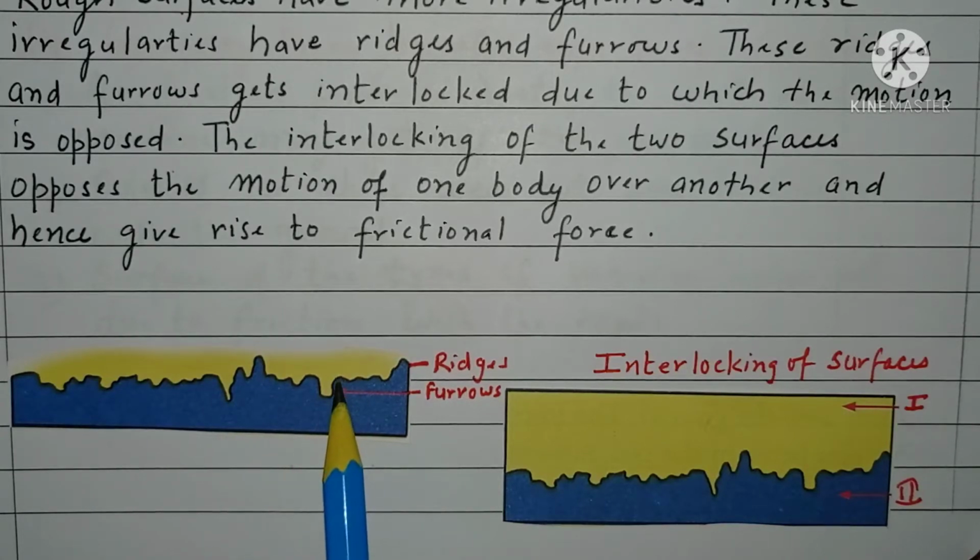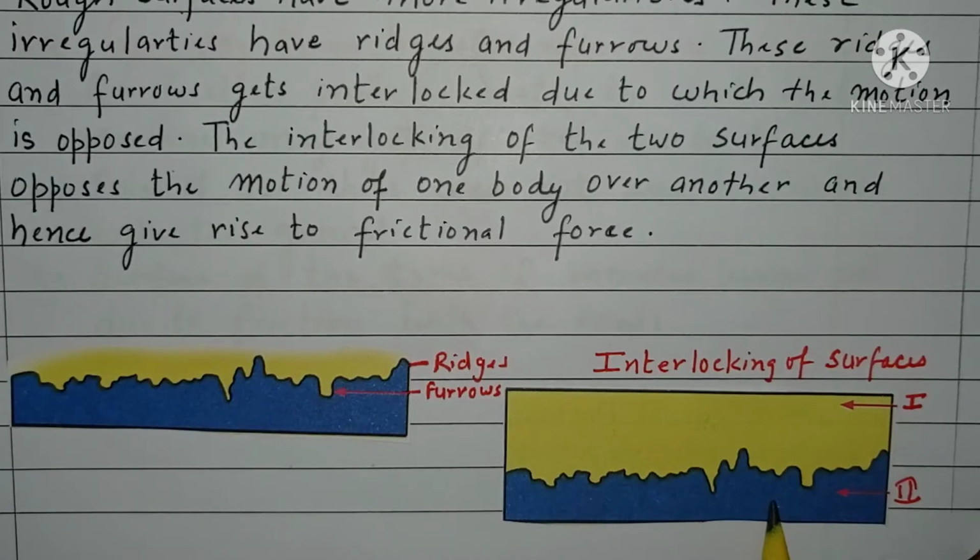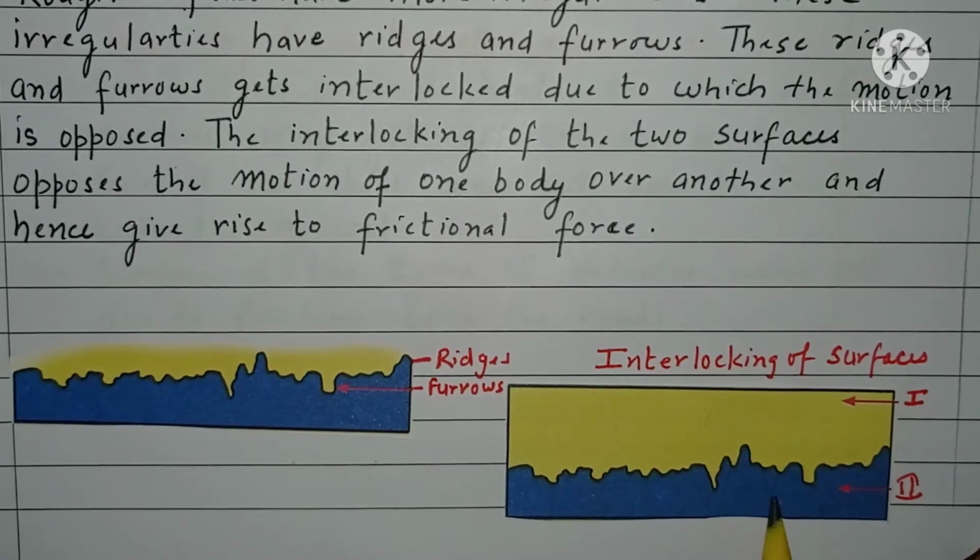These ridges and furrows get interlocked, due to which the motion is opposed. This interlocking of the ridges and furrows opposes the motion of one body over another and hence gives rise to frictional force.